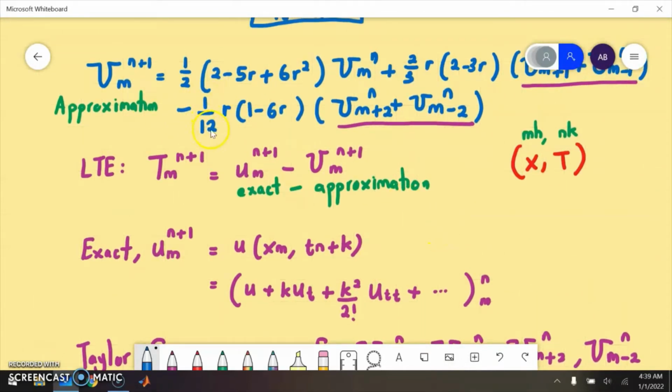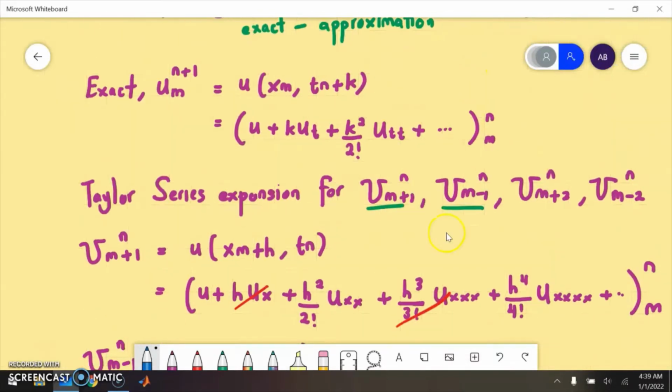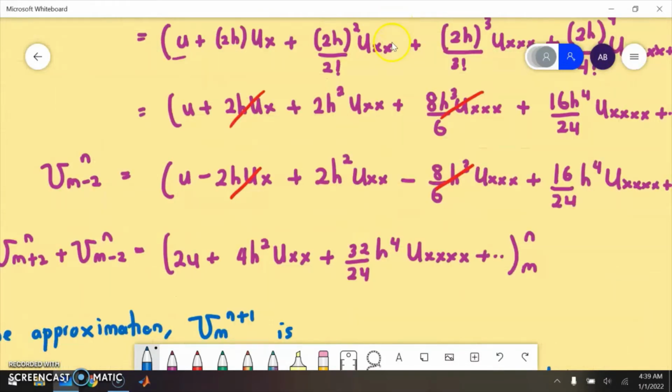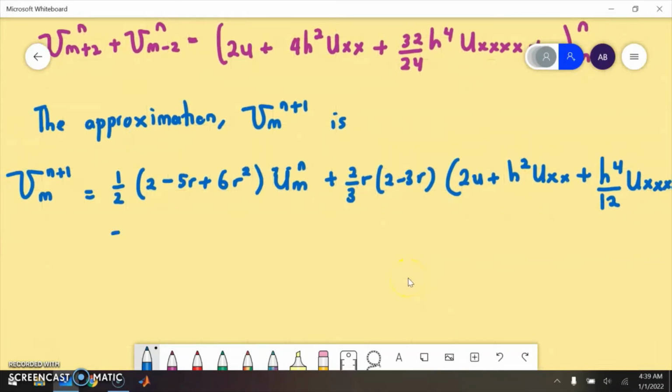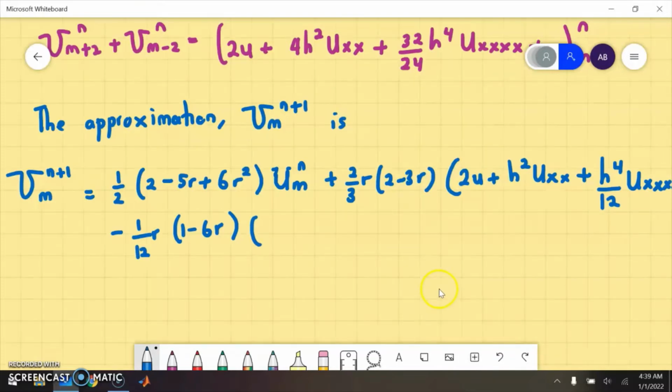This one, negative 1 over 12r (1 minus 6r), m plus 2, n plus m minus 2, n. So let's do that. We continue here: minus 1 over 12r (1 minus 6r). What is m plus 2 and m minus 2, n?